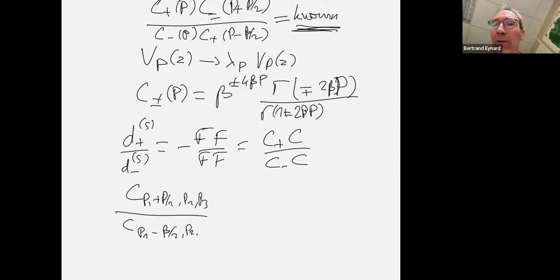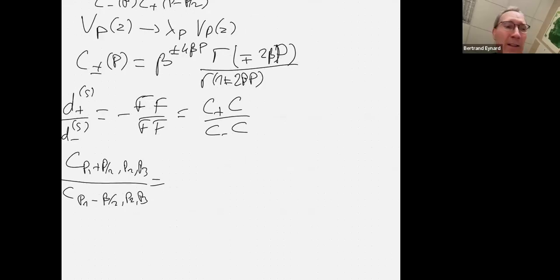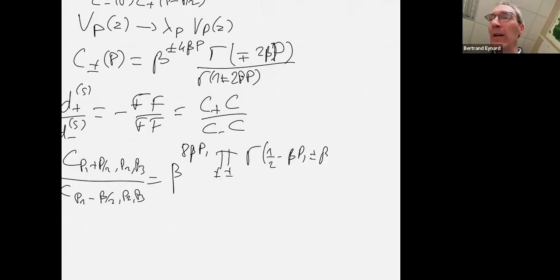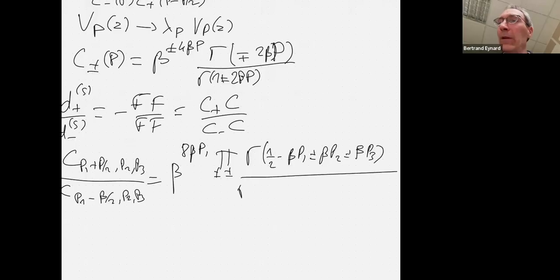It starts with a beta to the power of 8 beta P1, and then a product of 4 gamma factors, which are gamma of 1/2 minus beta P1 plus minus beta P2 plus minus beta P3 over gamma of 1/2 plus beta P1 plus minus beta P2 plus minus beta P3.